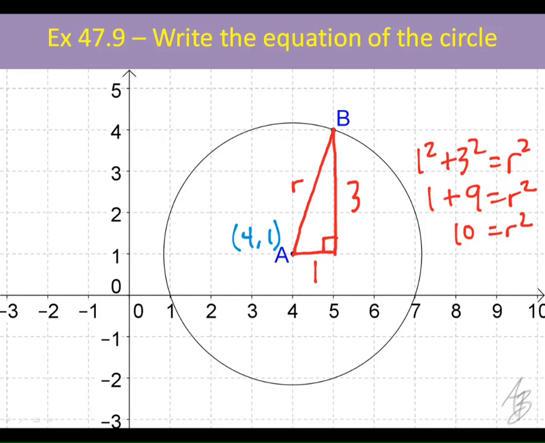And I'm going to go ahead and take the square root of both sides. So r is the square root of 10. However, we don't really need that because later on when we fill in our equation, we really want the r squared, right? All right.